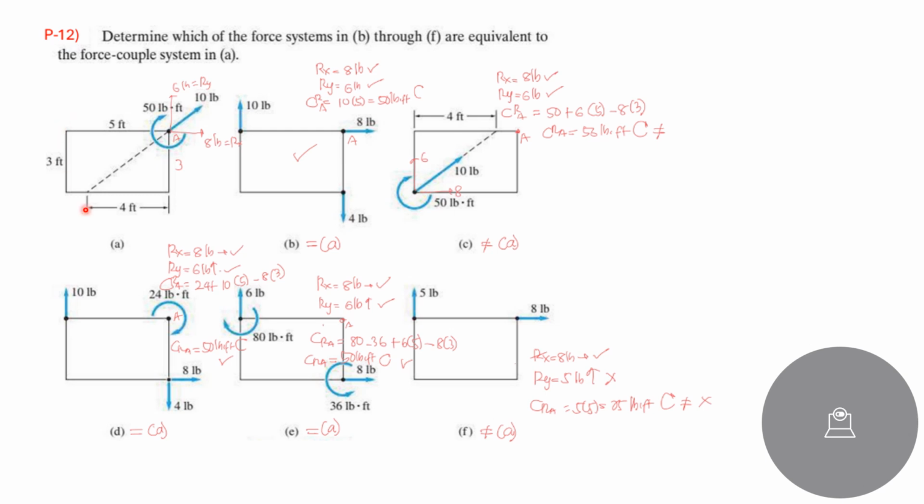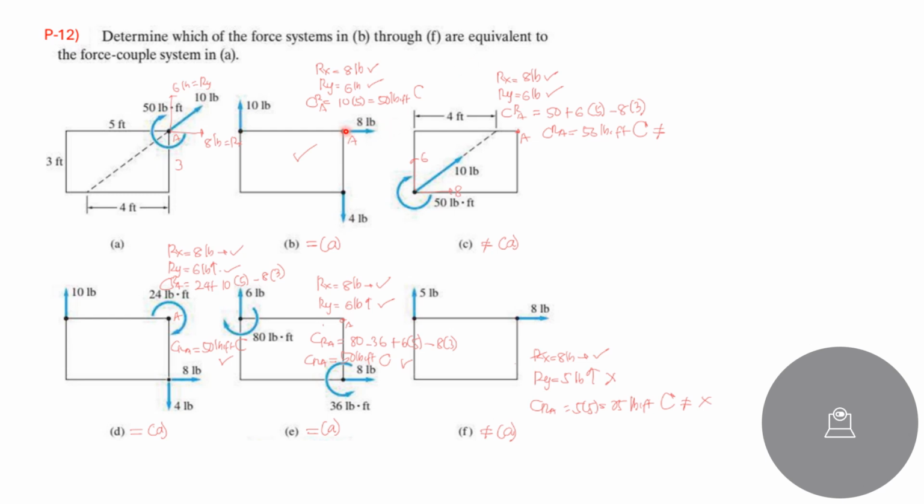So the system in A consists of Rx 8 pounds to the right, Ry 6 pounds upward, and a couple which is clockwise 50 pound-foot. So in part B, Rx is 8 pounds, check, rightward. Ry is 10 minus 4, 6 pounds, upward, check.